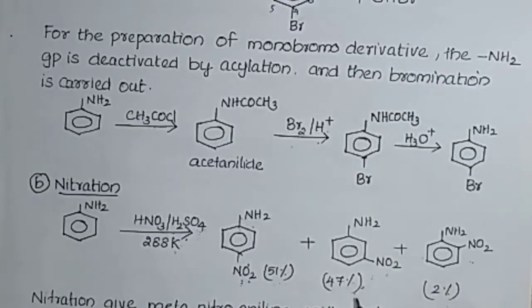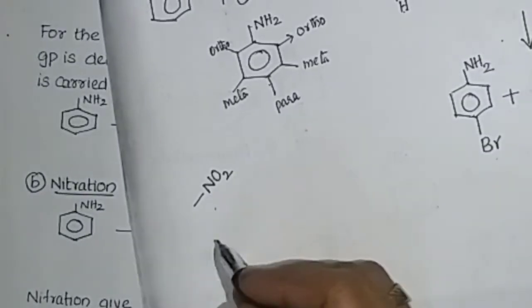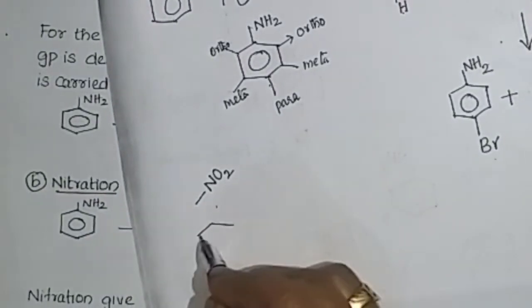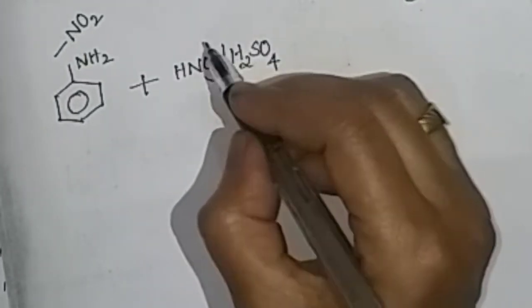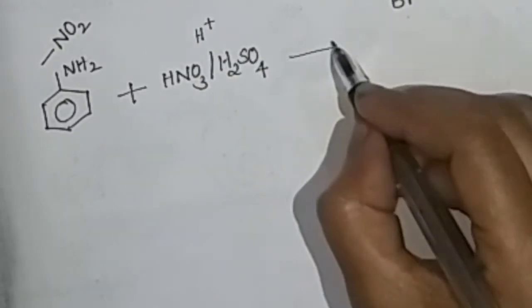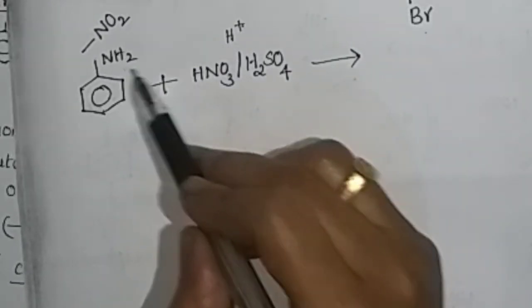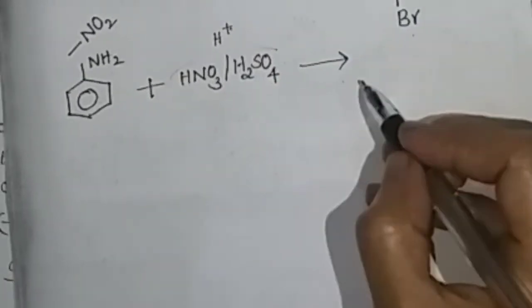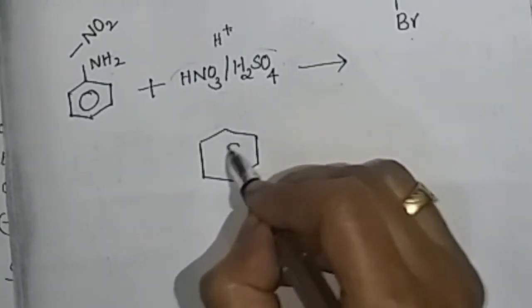Here we know the NH2 group is an ortho and para directing group, but we get 47% meta-nitroaniline also. Why is this meta-nitroaniline formed? Because this is a strongly acidic medium. This is aniline. The medium is concentrated nitric acid and concentrated sulfuric acid, so H plus ions are released. Aniline is basic in nature. It accepts this H plus ion from the medium to form the anilinium ion.